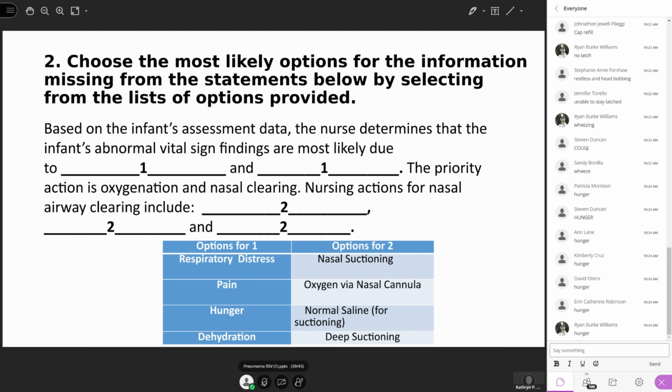Nursing actions for nasal airway clearing include. So which one of these 4 would you omit? Nasal suctioning, oxygen via nasal cannula, normal saline, deep suctioning. Which one would you omit?